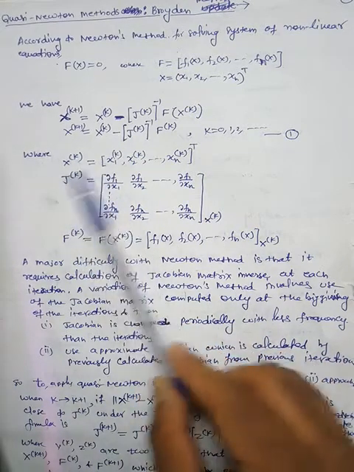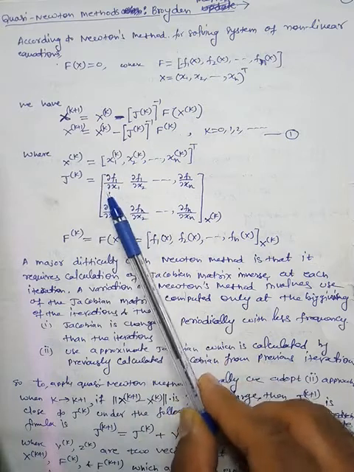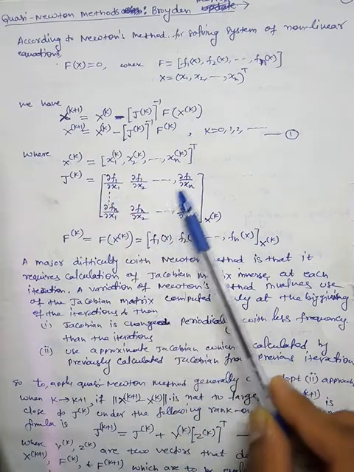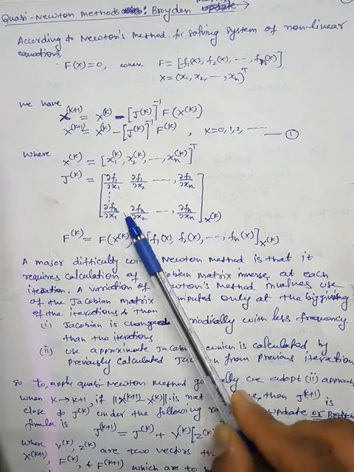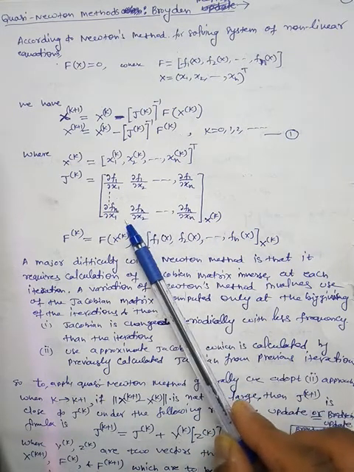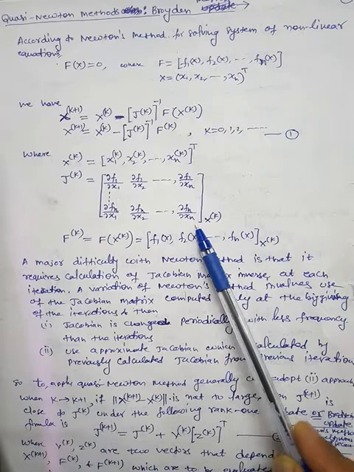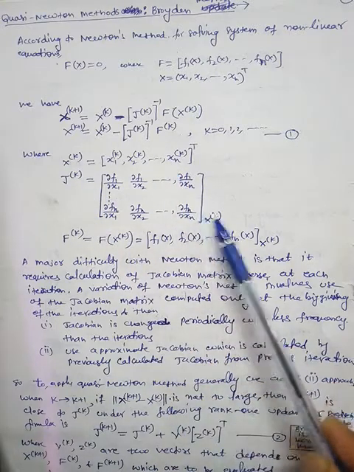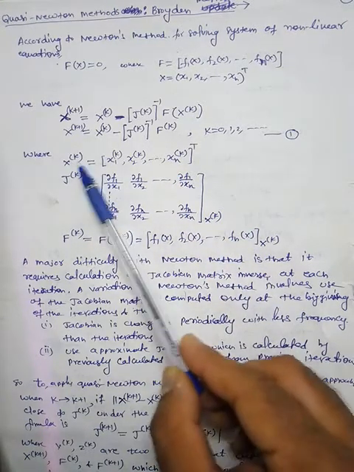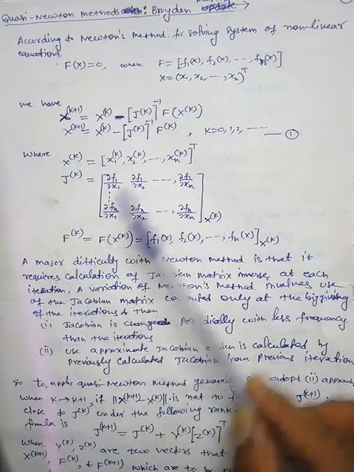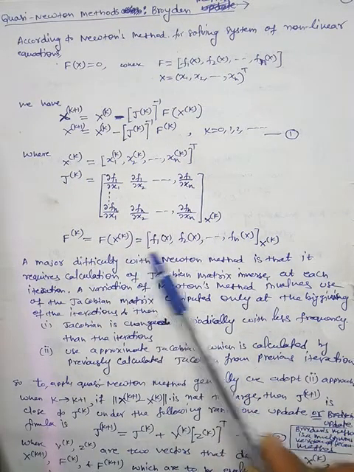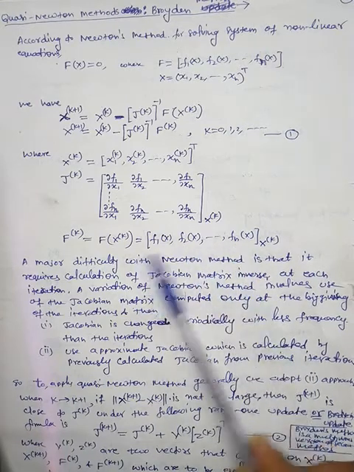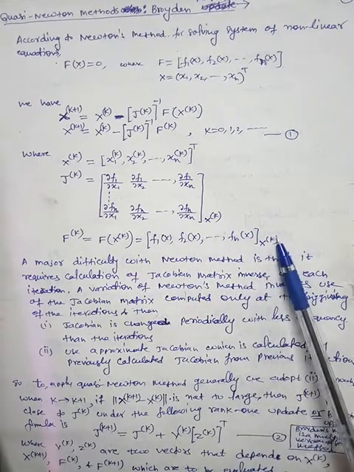Similarly, Jk is the Jacobian, which is nothing but del f1 by del x1, del f1 by del x2, del f1 by del xn, and so on. And the last row is del fn by del x1, del fn by del x2, del fn by del xn. These are evaluated at point xk. That's why this is Jk. Now the third term is fk, which is nothing but f at xk. That means f1, f2, ..., fn, all evaluated at point xk.